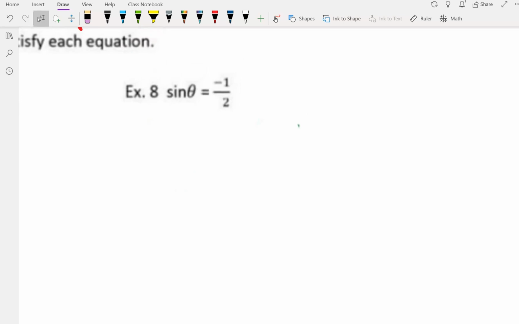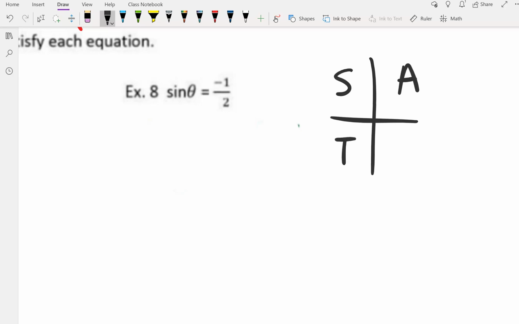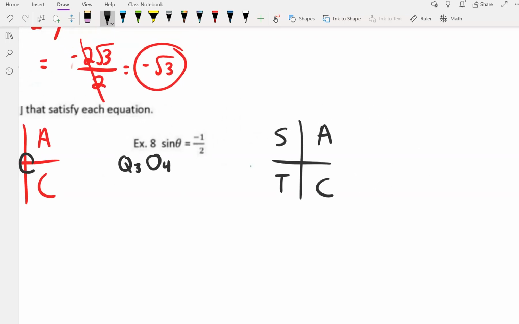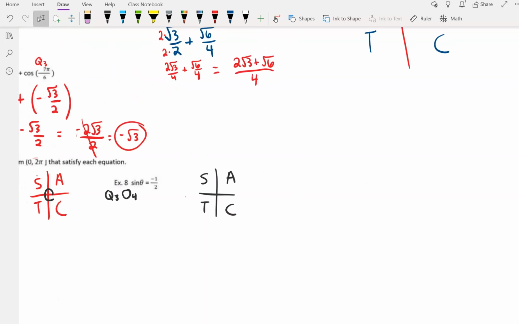All right, sine theta equals negative 1/2. So what quadrants is sine negative? A smart trig class. So it's negative in quadrant 3 and quadrant 4, because all are positive in quadrant 1 and sine is positive in quadrant 2. And then sine of 1/2. Think about what reference angle gives you sine of 1/2.